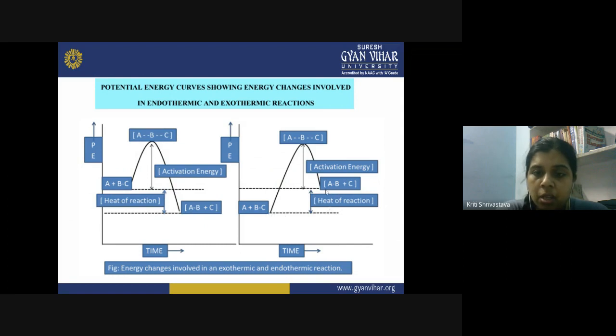To go to a higher energy state, it has to absorb some energy. This will be the heat of the reaction, and when such a reaction is performed, there will be overall absorption of heat during the reaction. Such reactions are called endothermic reactions. So these are the two potential energy diagrams which are characteristic for exothermic and endothermic reactions.